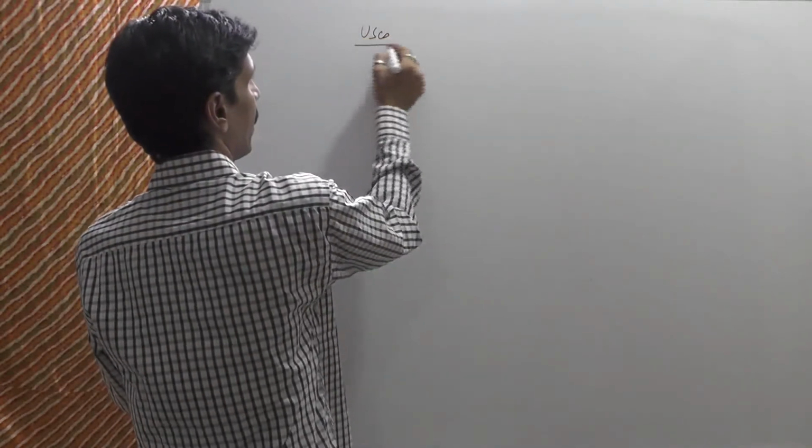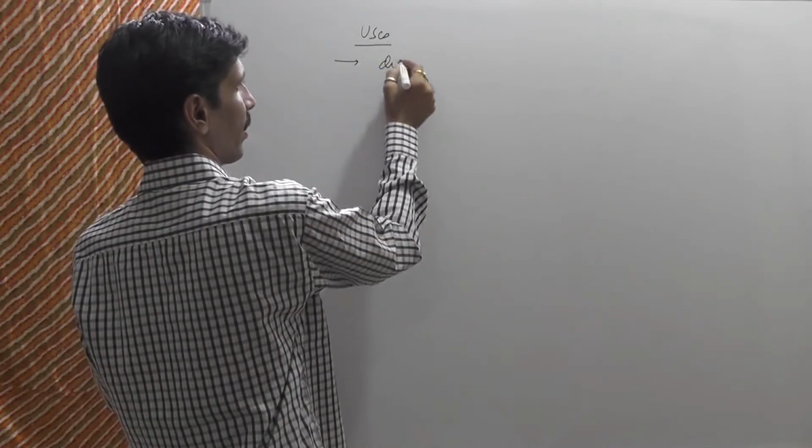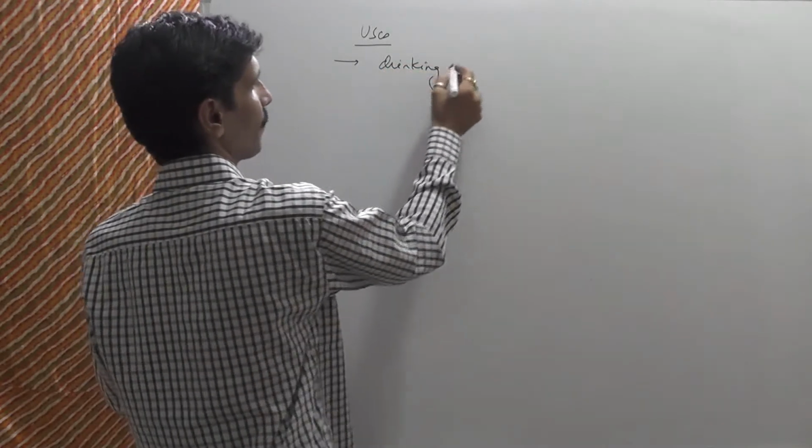Now my dear friends, the last point under chlorine, and that is uses. It has many uses, which we will discuss. The first is that it is used for drinking water sterilization.